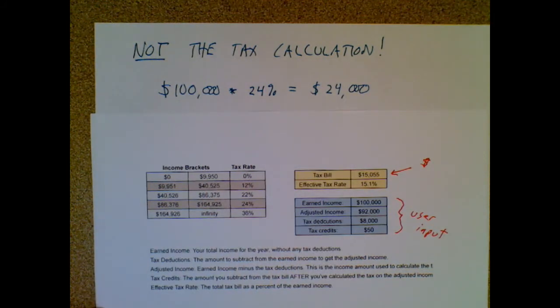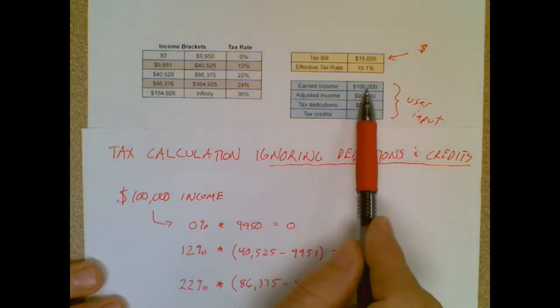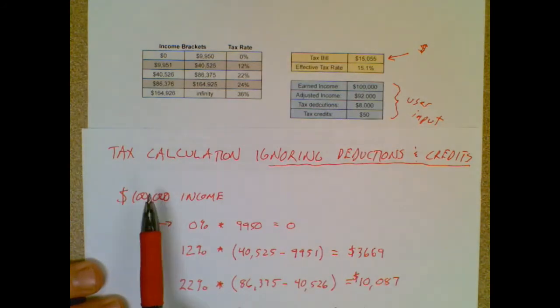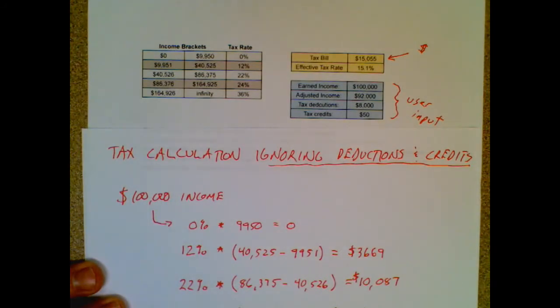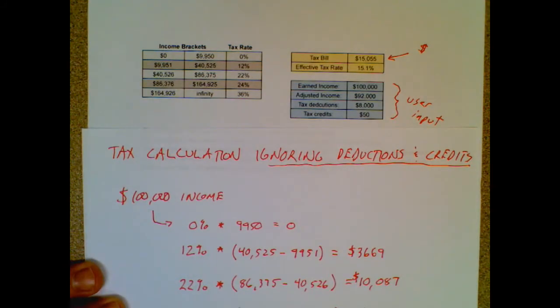Well, that is definitely not the case, but that's what many people think. So I'm going to bring you through the actual tax calculation for somebody who made $100,000, but for now we're going to ignore tax deductions and tax credits, and we'll cover that in the next example.